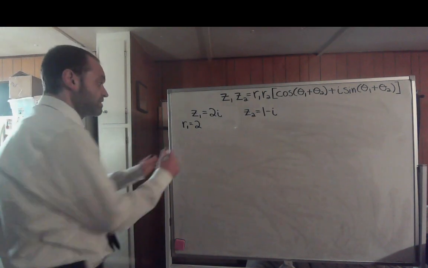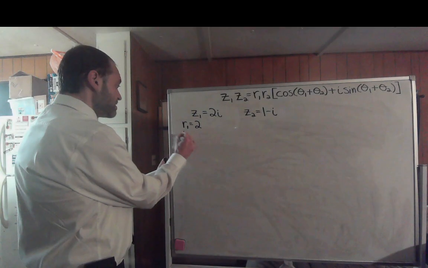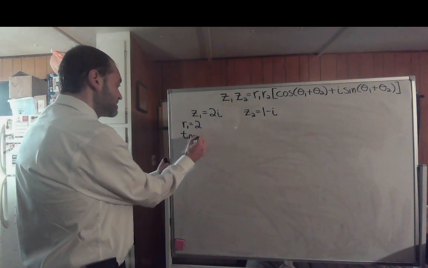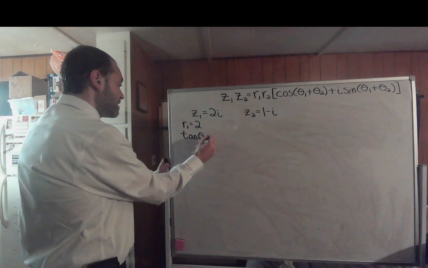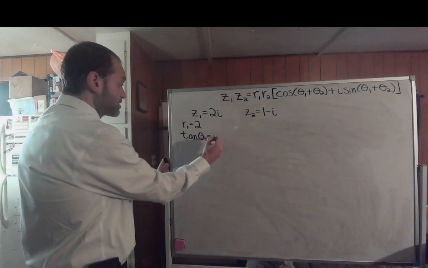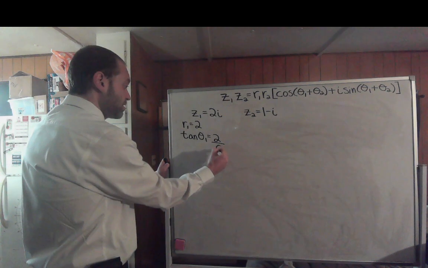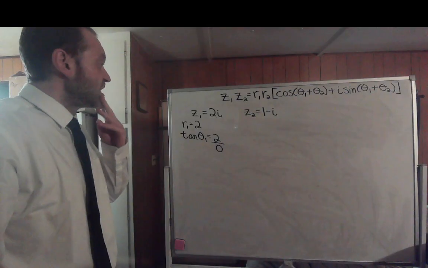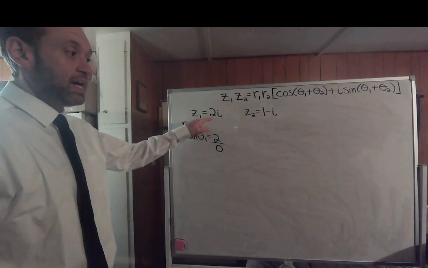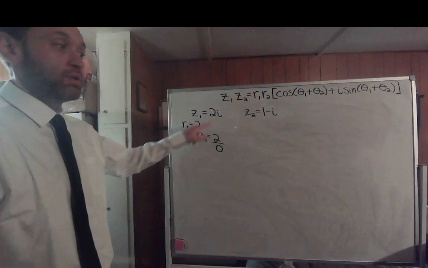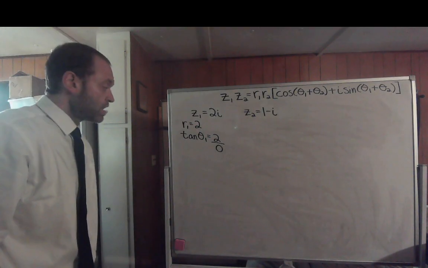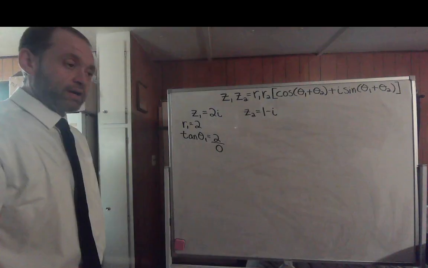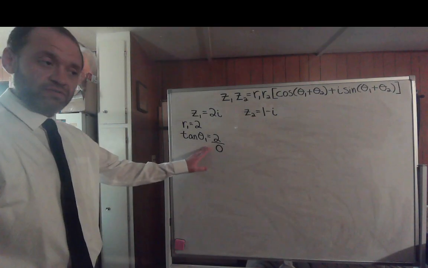Now let's find theta. So the tangent of theta sub 1 equals, well, that's going to be 2 over 0 because this 2i is really 0 plus 2i. Well, this is undefined, okay?